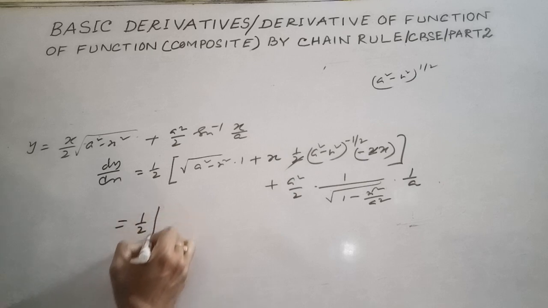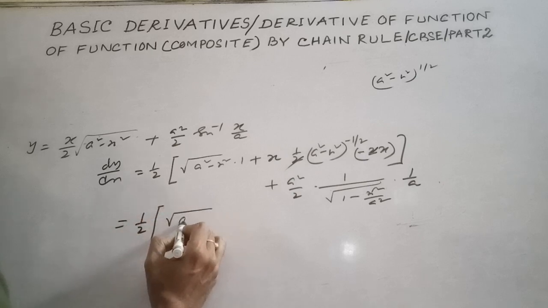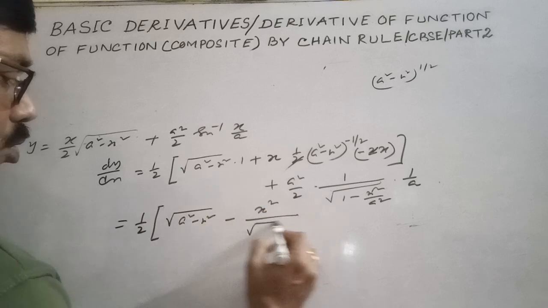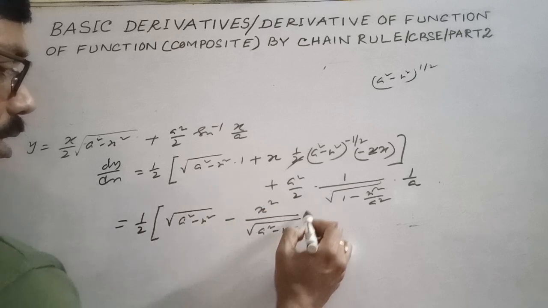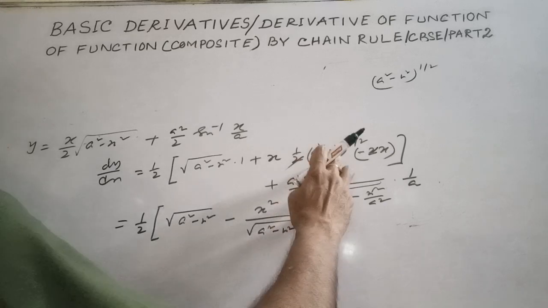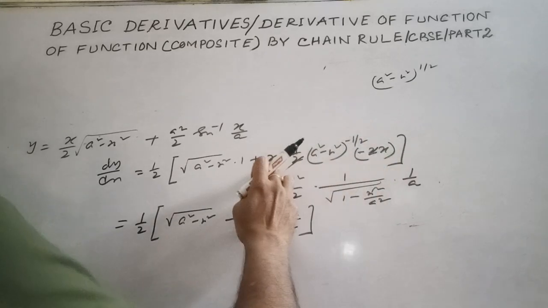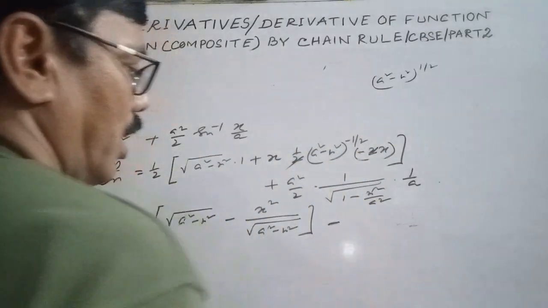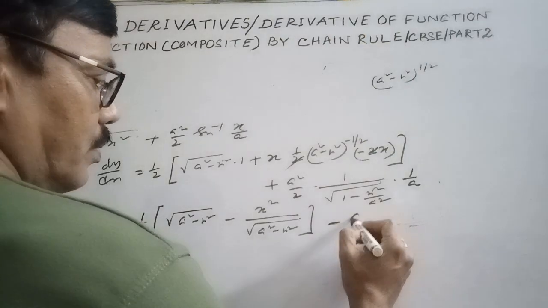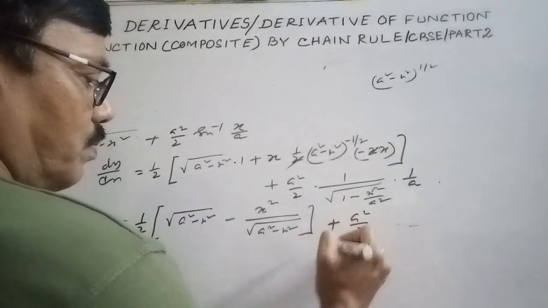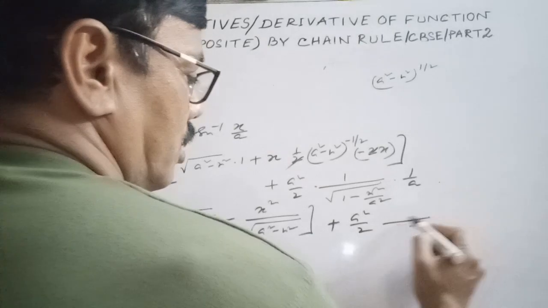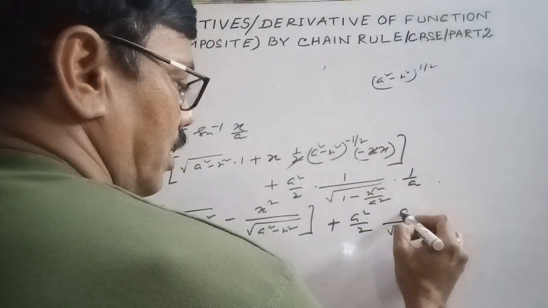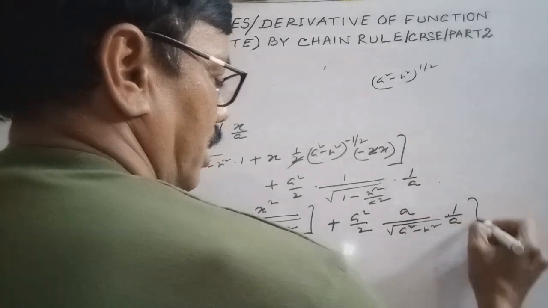So, half outside, root over a² minus x² by root over a² minus x². And this one is a² by 2. And this is root over a² minus x², and it will be at the numerator, 1 by a.